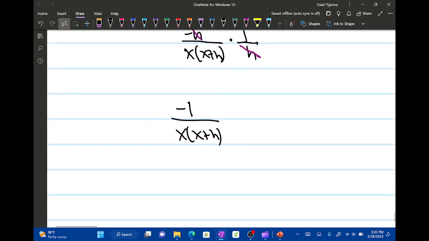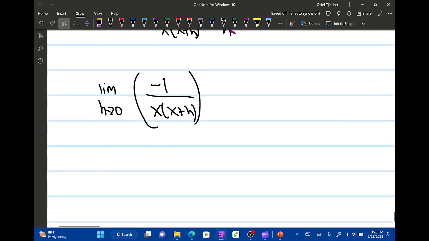Now we have to find the limit as h approaches 0 of this. When we plug it in by direct substitution, we get negative 1 over the quantity x times x plus 0.